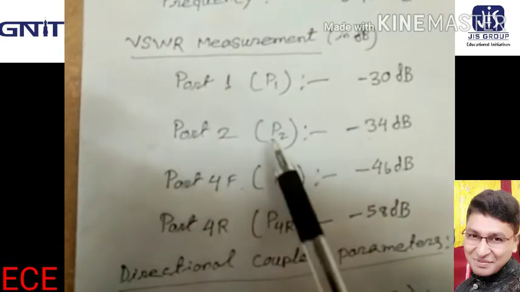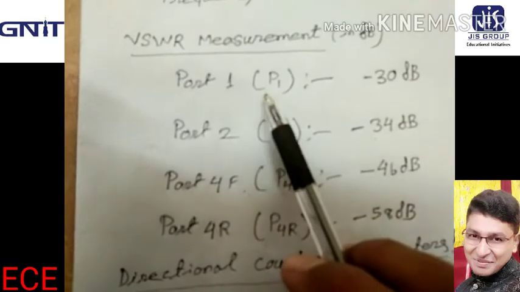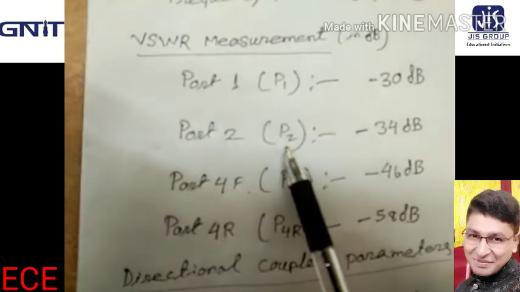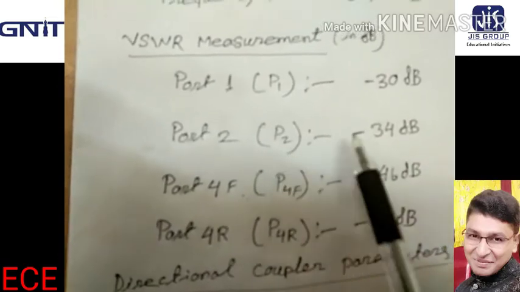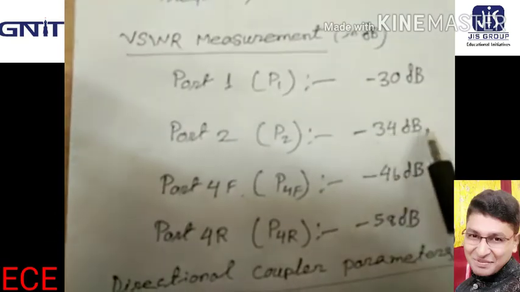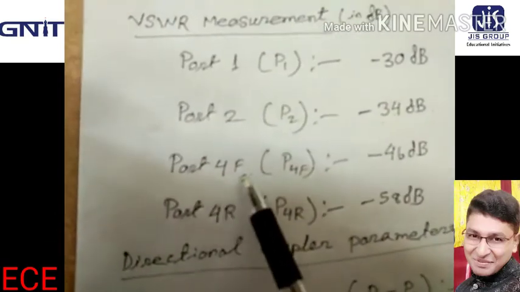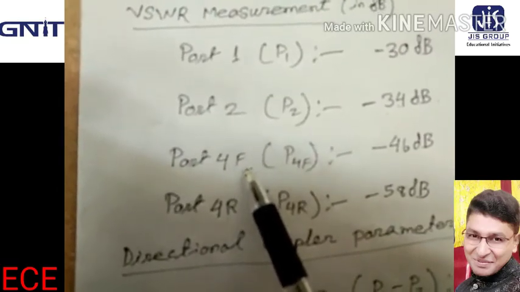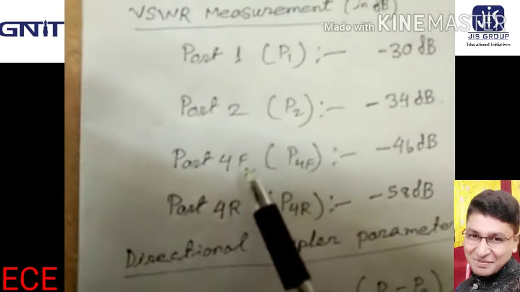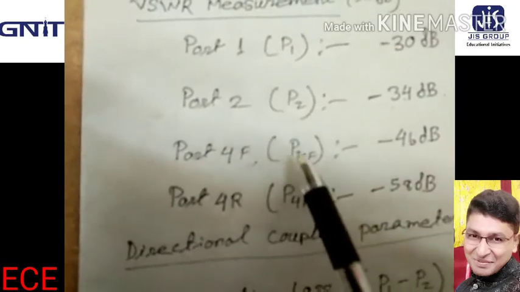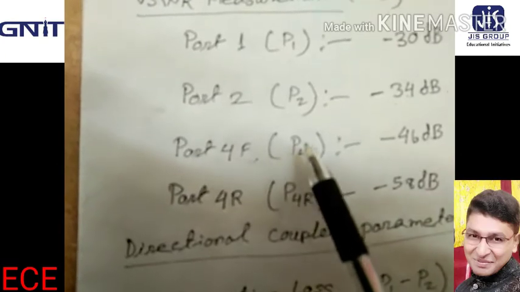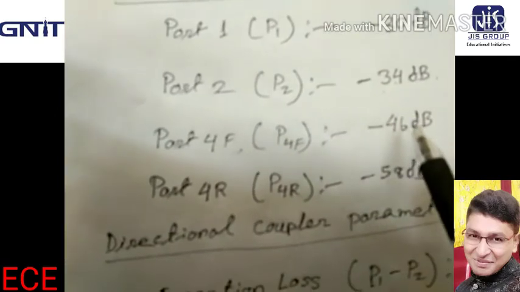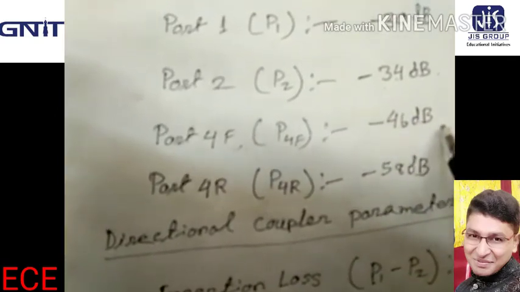Port 2: port 1 is input and port 2 is output, and port 3 and port 4 are matched, then output is minus 34 dB. Port 4 forward direction: port 1 is input, port 2 is matched, port 3 is always a matched circuit, and port 4 output is minus 46 dB.